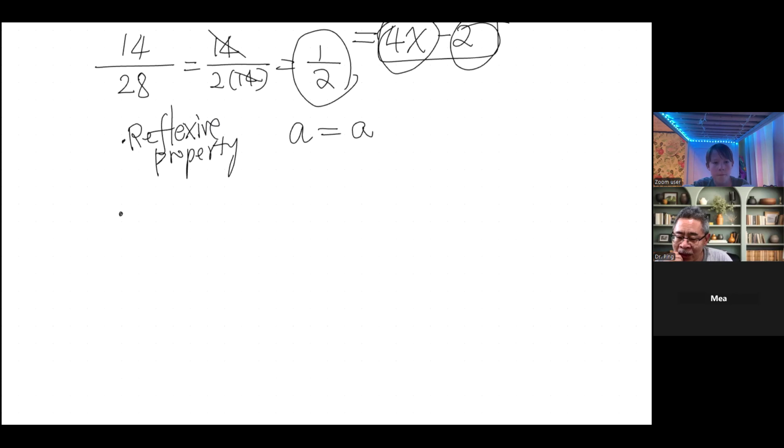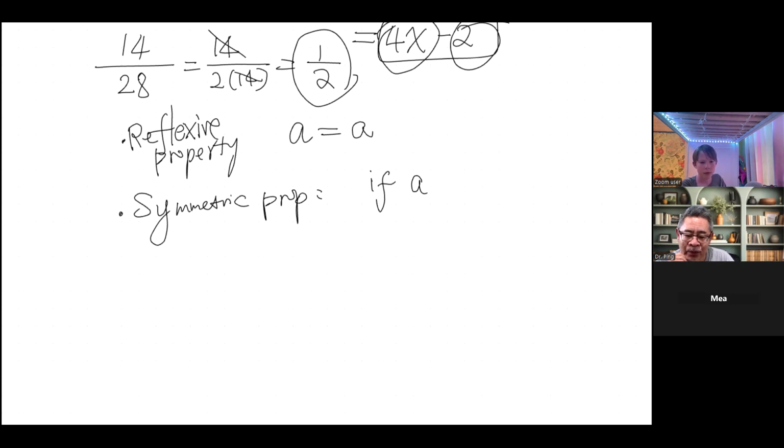We also have something called the symmetric property. And that is if, and you can see that's very common, we use this if-then statement when we're doing algebra. If A equals B, then B is equal to A. So that means symmetrical.